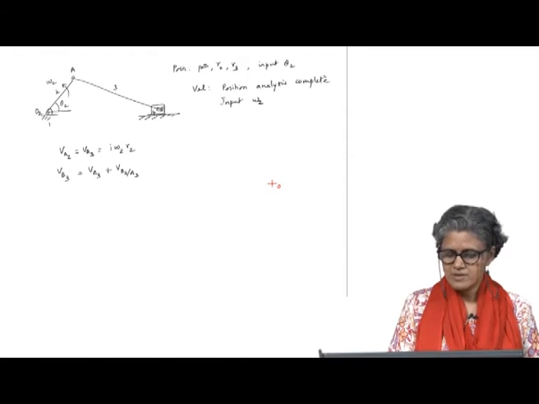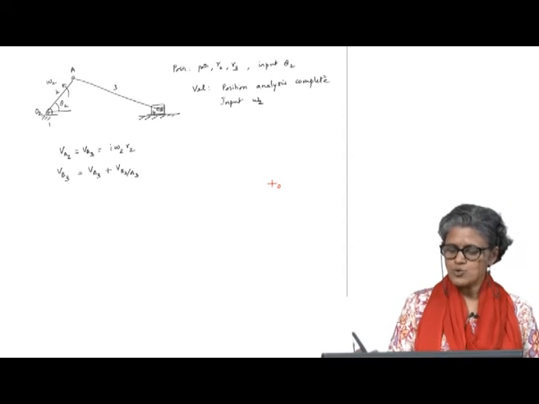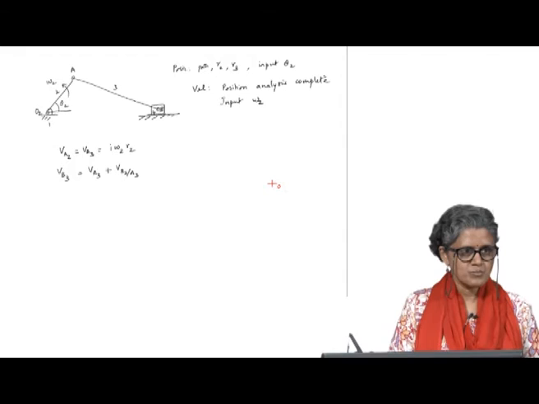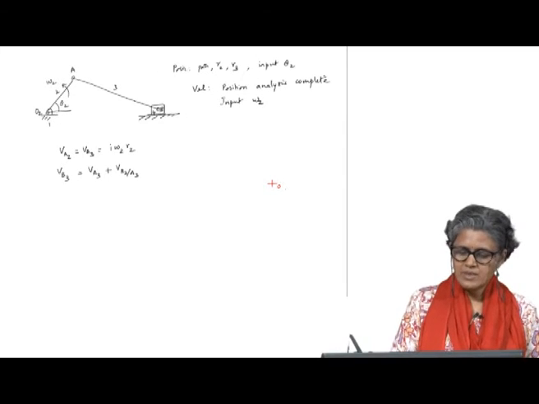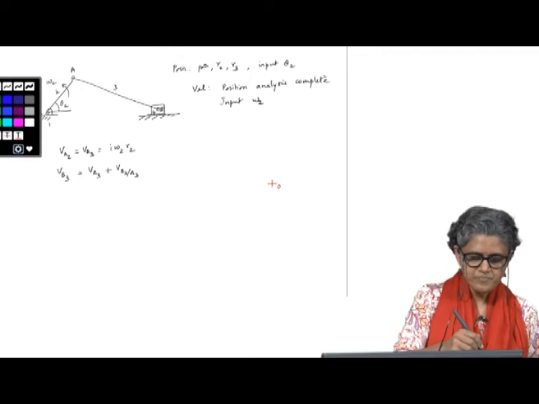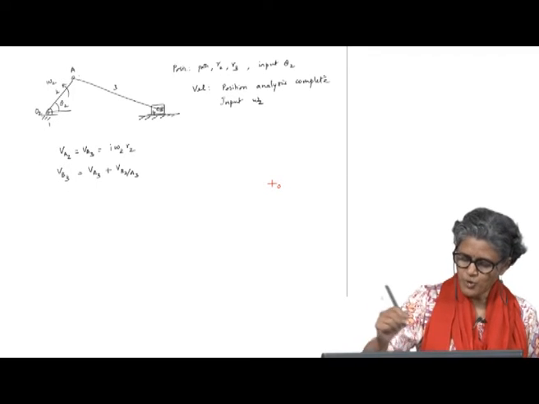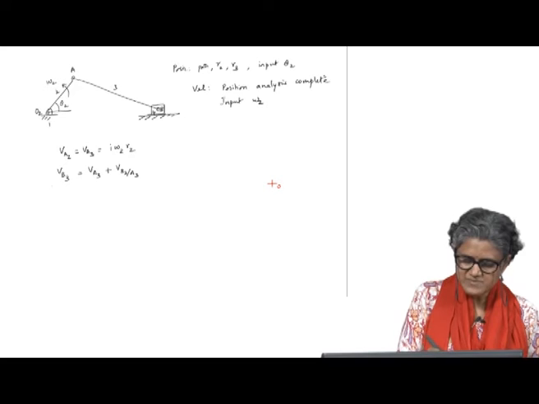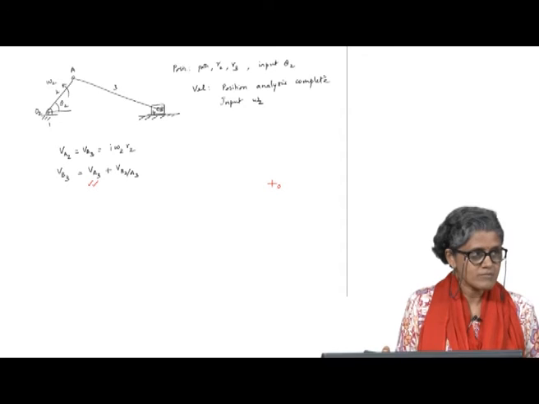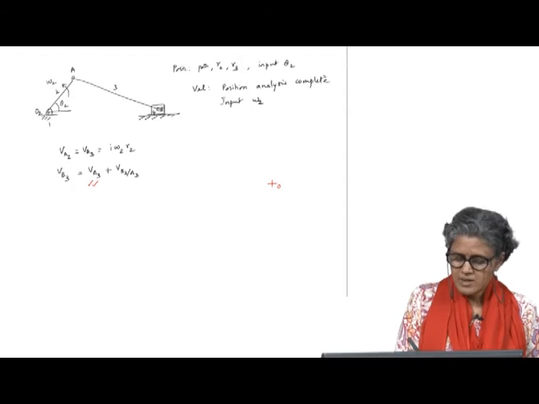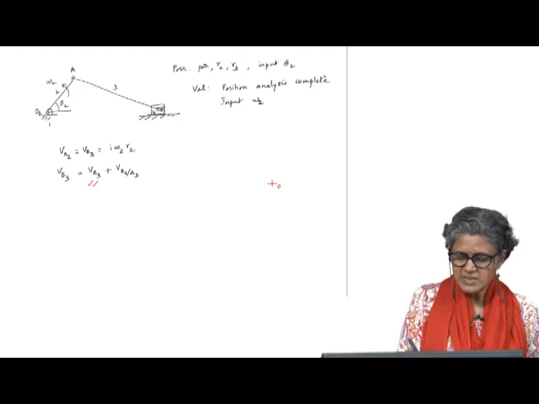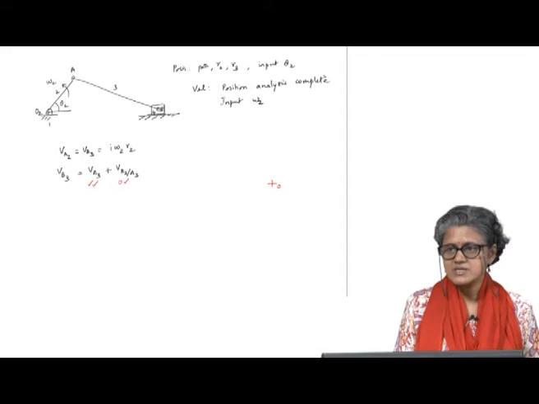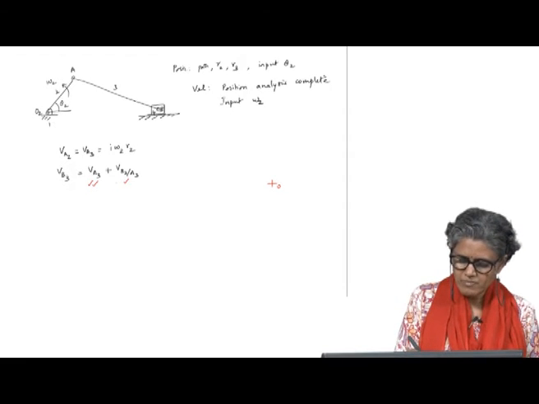I have O, which represents O2, the fixed point with 0 velocity. Then I have the known velocity of this point. Looking at this vector equation, the velocity of A on body 3 is completely known, because that is based on my input. B3 relative to A3: magnitude is not known, direction is known.